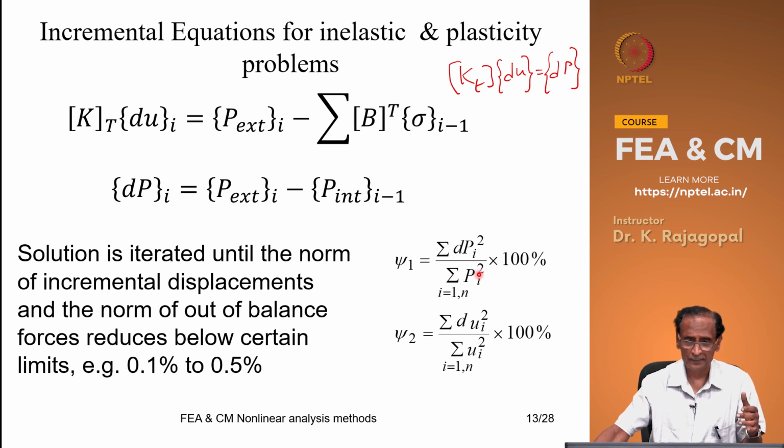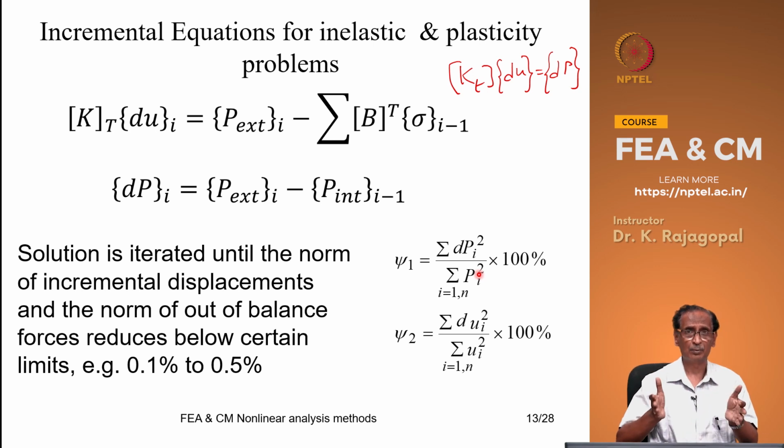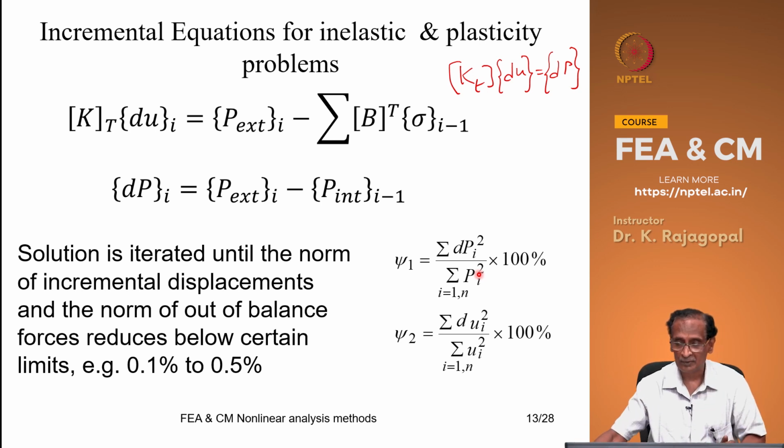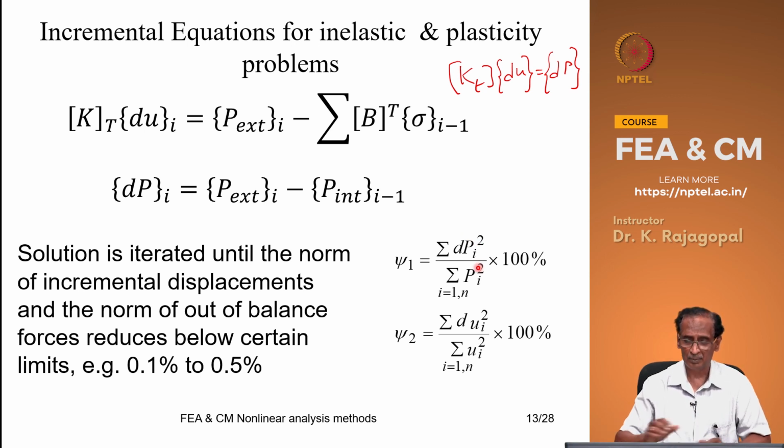We take a square so that we have everything as positive, because our forces could be negative forces, the reaction also could be negative, but if you take everything as positive, we will end up with only a positive convergence number psi 1.